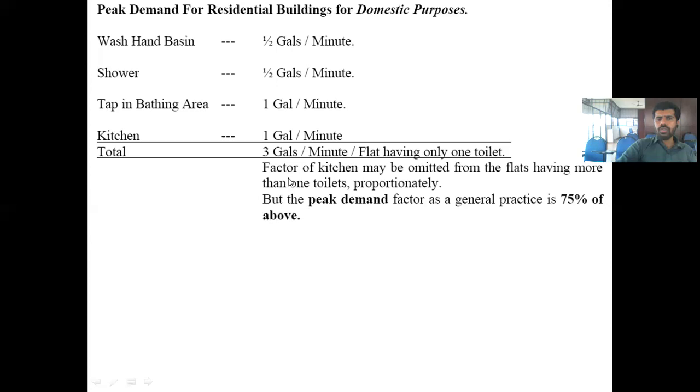What is said here is that factor of kitchen may be omitted from the flats having more than one toilet.